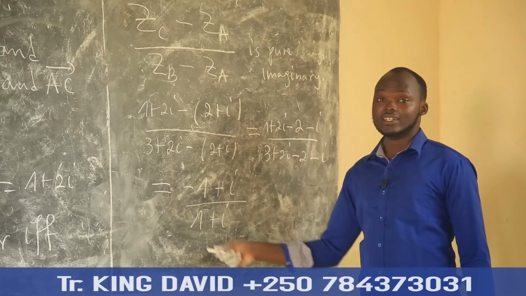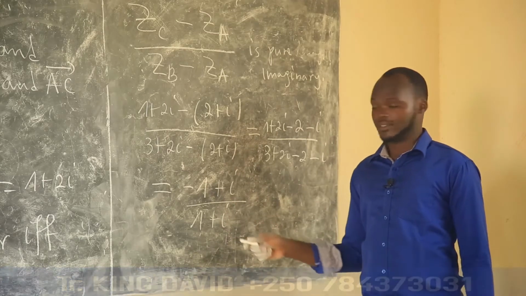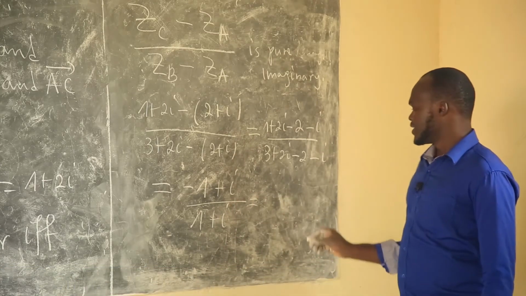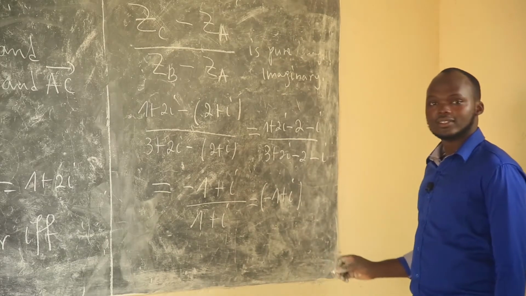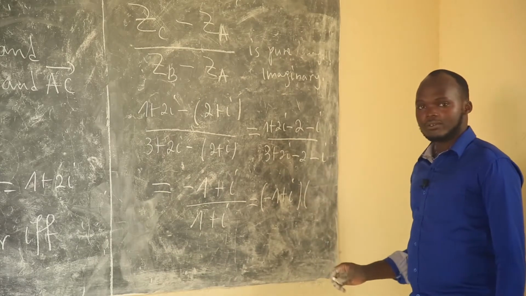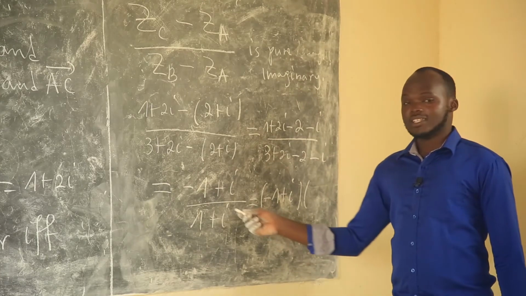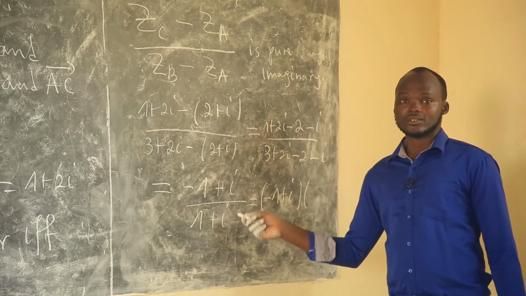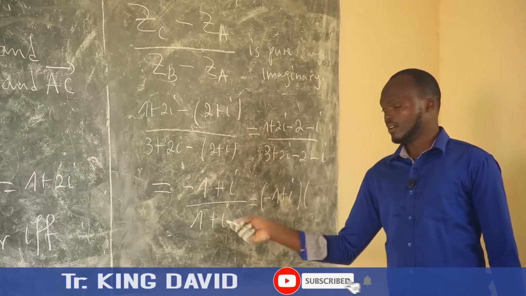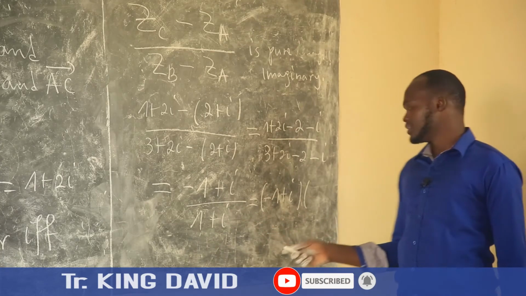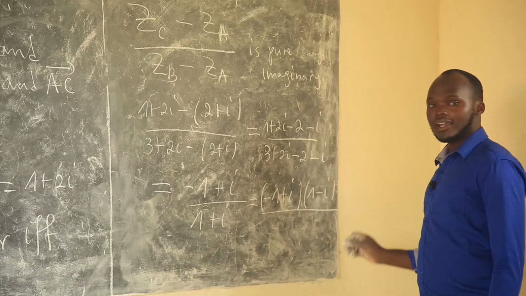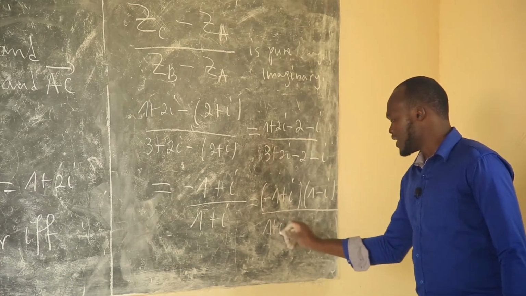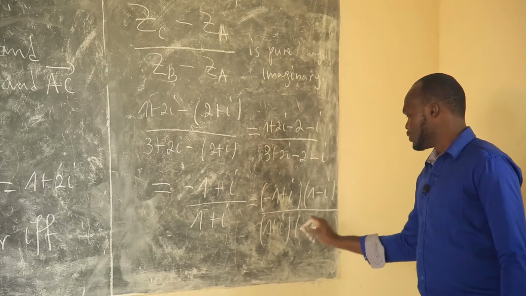We have to change it to algebraic form. So this is negative 1 plus i over 1 plus i. We convert the denominator using the conjugate. What is the conjugate of 1 plus i? 1 minus i.